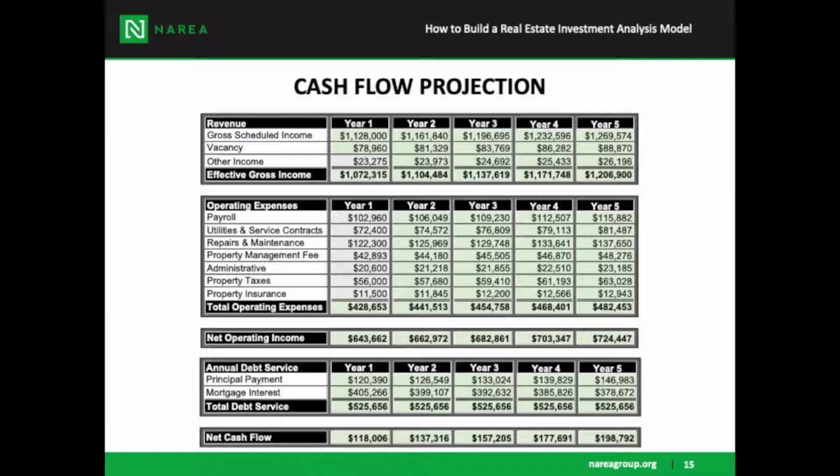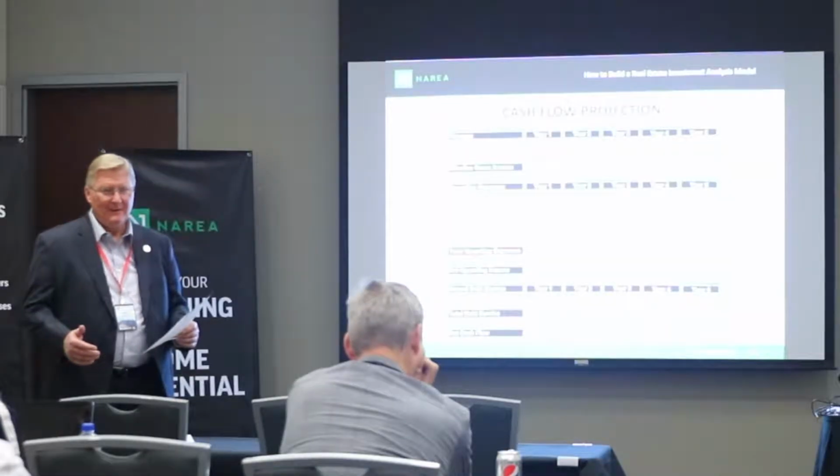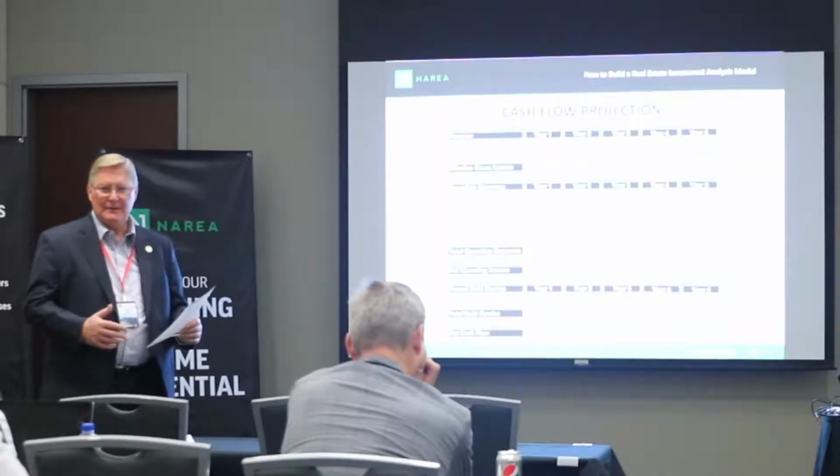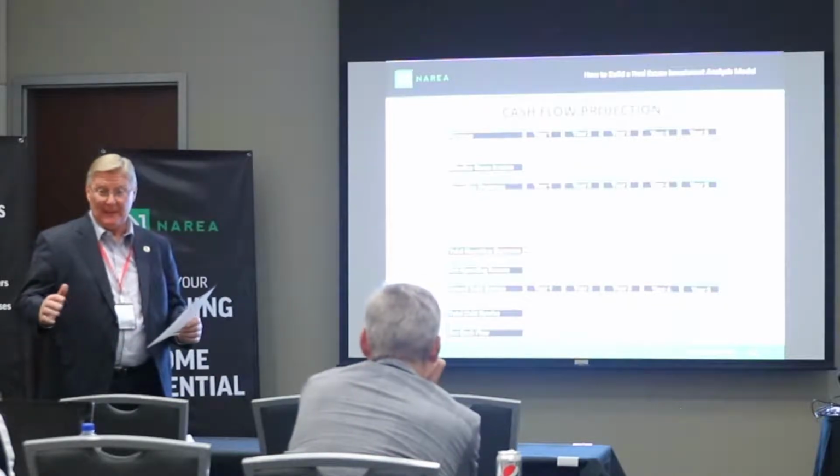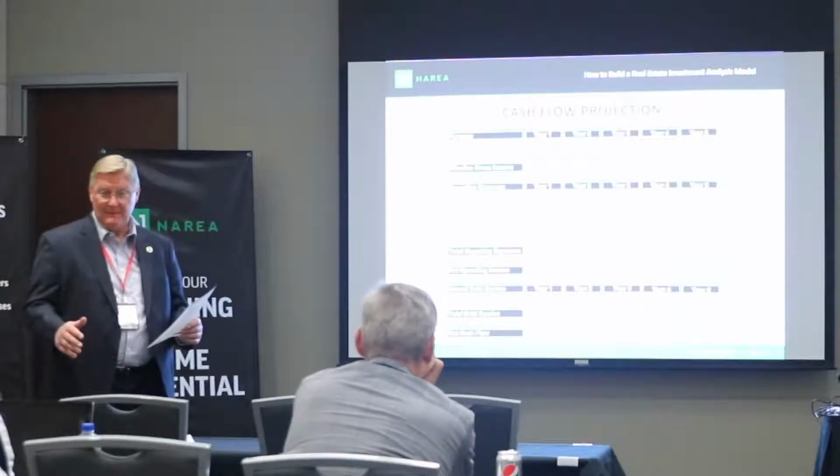It shows $118,006 in the first year, and then that grows every year, right? Well, nobody else does this, but being an accountant, I did a little trick to get me from net cash flow to net income, which is the reportable amount that you have on your tax return.